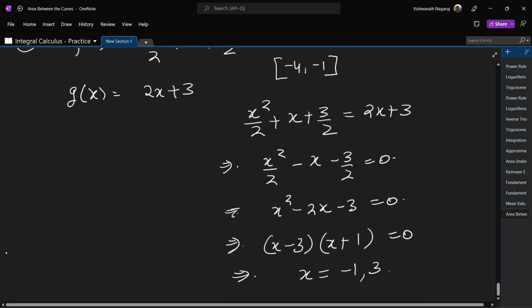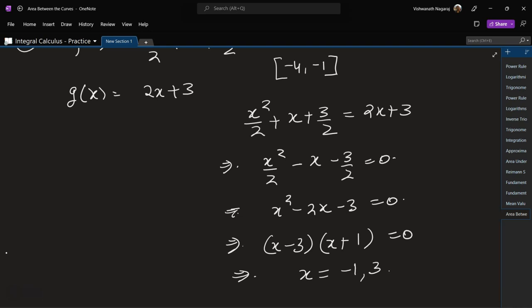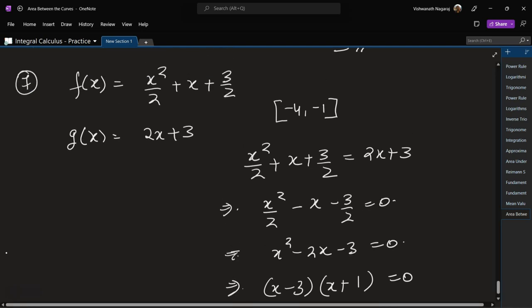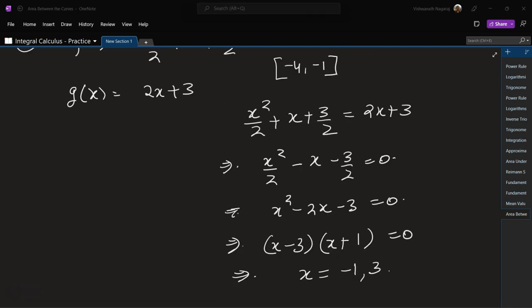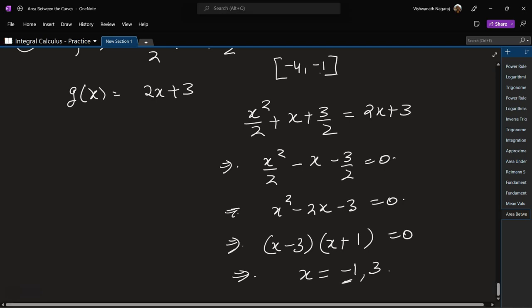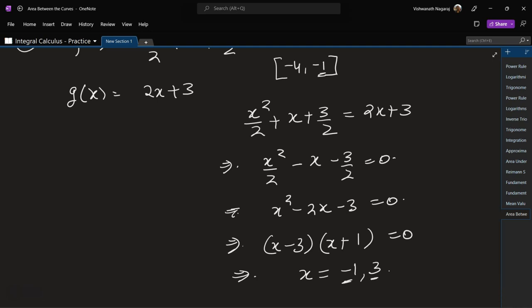So these are the 2 x values at which the curves intersect each other. There are 2 intersections between these 2 curves. But the important thing is minus 1 is at the boundary, so we don't have to bother about it. 3 is outside minus 4 to minus 1. So again we don't have to bother about it.